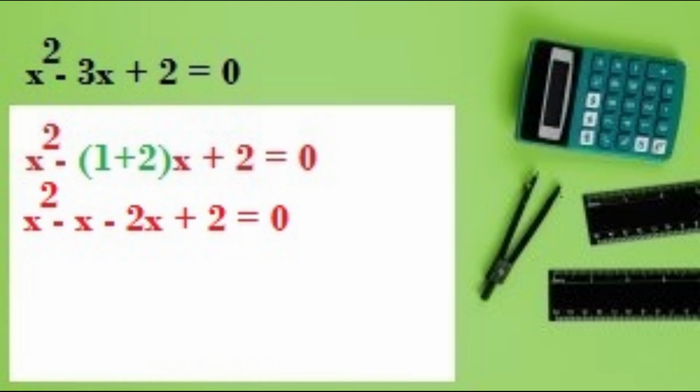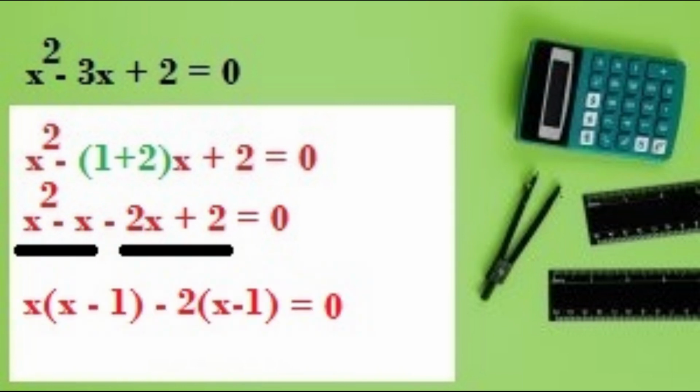Now at the left hand side of the equation, you see the expression x square minus x minus 2x plus 2 is equal to 0. So from the first two elements, x square minus x, you get x as common, and once you get x as common, what remains behind is x minus 1 within the bracket.